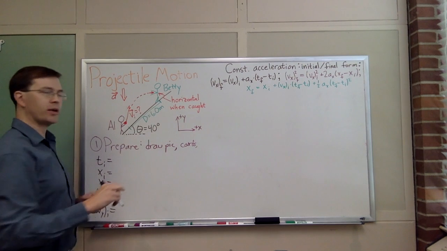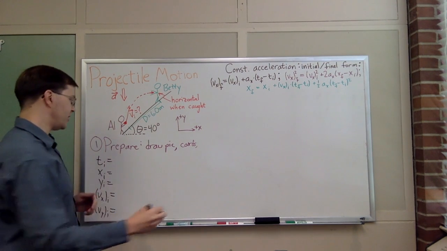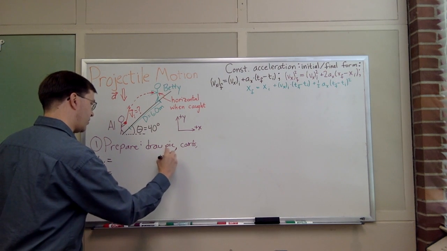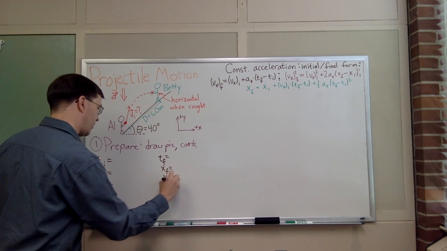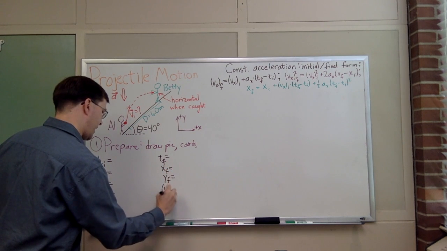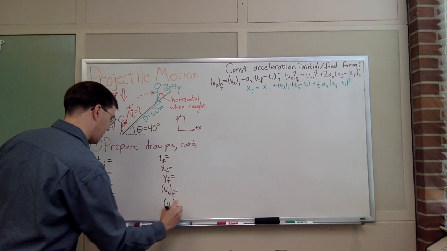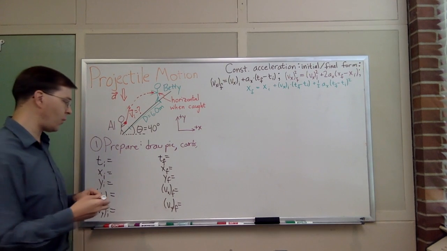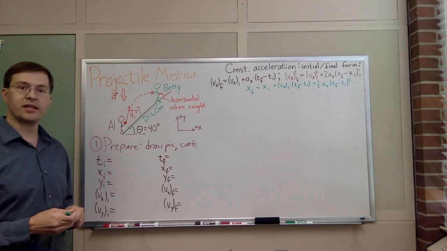Similarly, at the final point, where Betty is catching this water bottle, I've got a list of that same kind of data: t final, x final, y final, vx final, and vy final. That's the data I want to keep track of to answer all these questions. Now let's think about this.